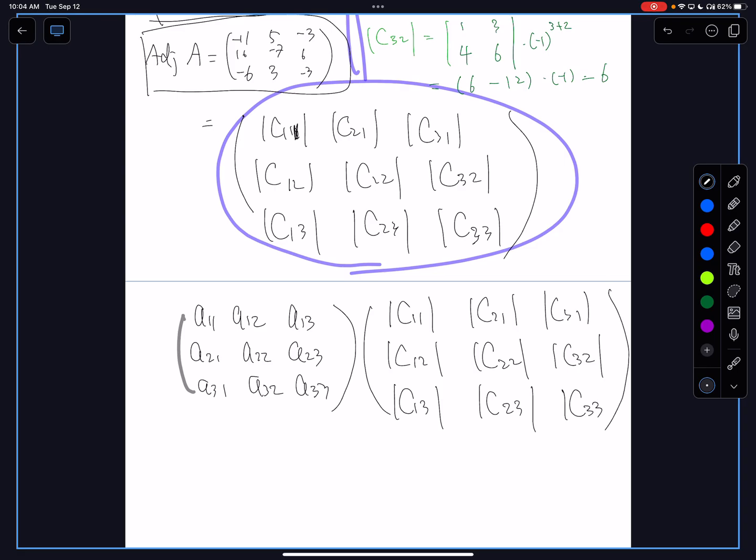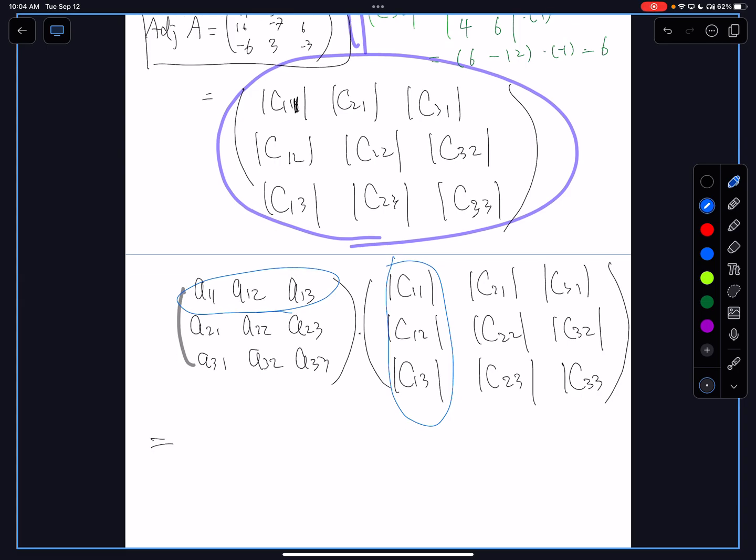Let's multiply them and see what comes out. You multiply the first row with the first column. What do I get? That looks familiar, right? If you multiply these two vectors, you get the determinant. That is the formula for the determinant, so that's the determinant of A.